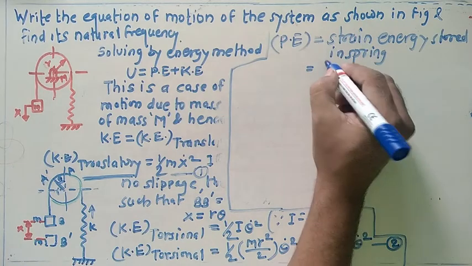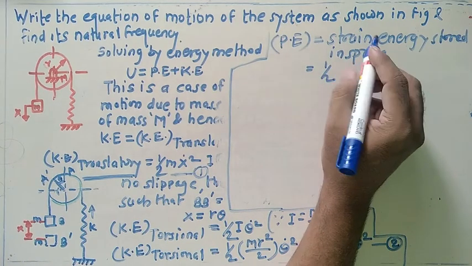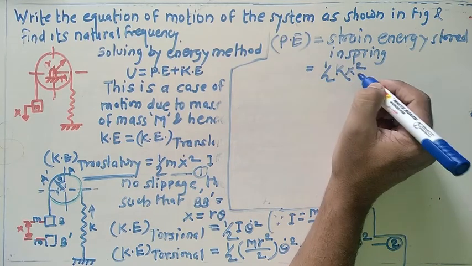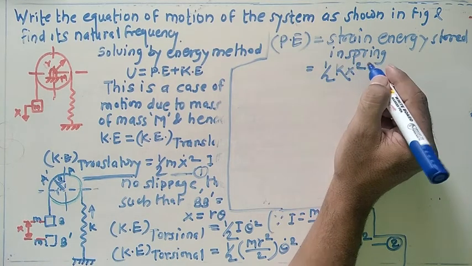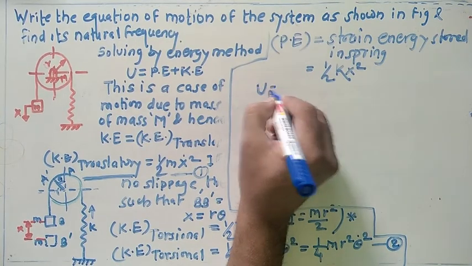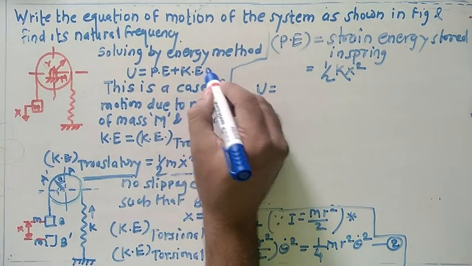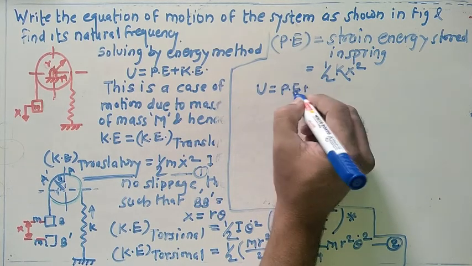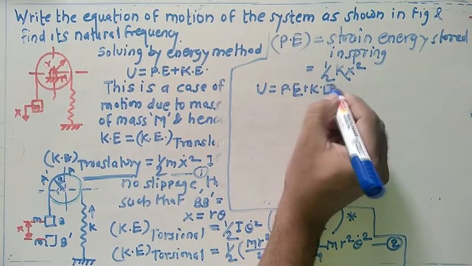So, as per our previous discussion, we know it is 1/2 k into x square. So what about the total energy, that is U? U is nothing but, as the relation is already written here, potential energy plus kinetic energy, which will remain constant.